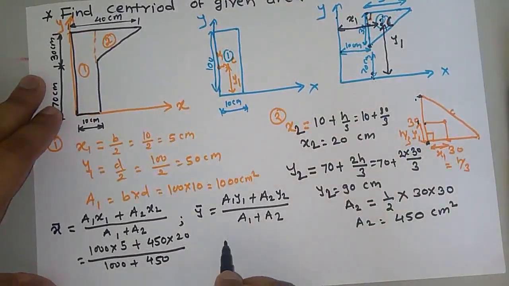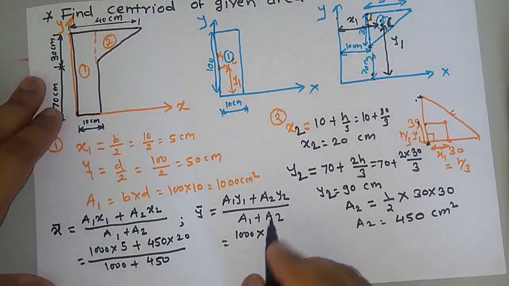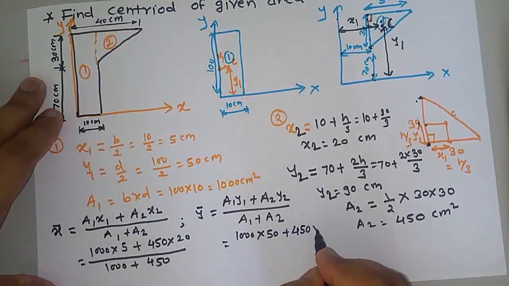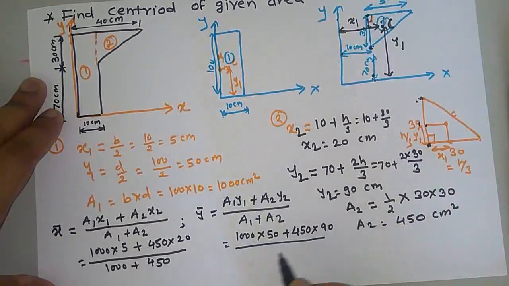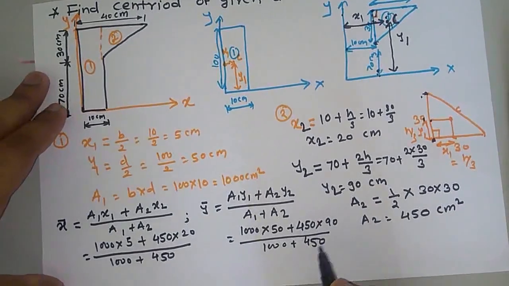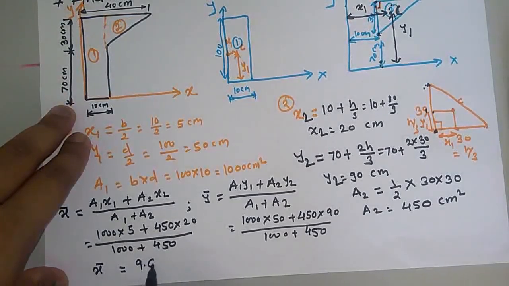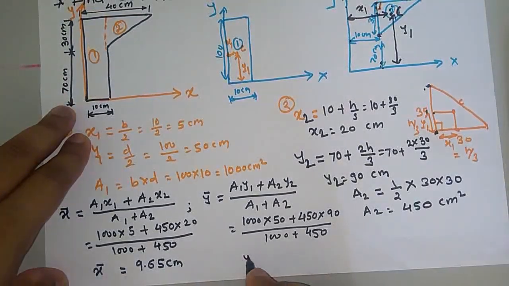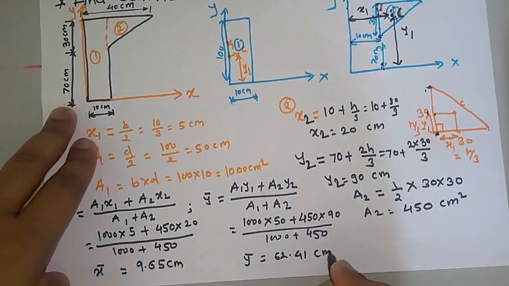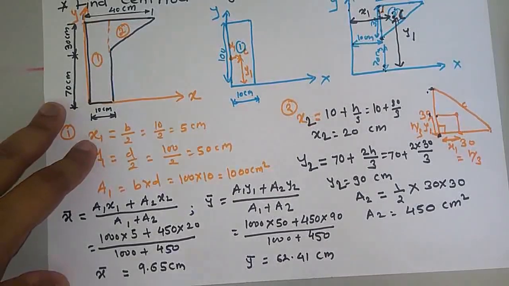Then a1 is 1000, y1 is 50, plus a2 is 450, y2 is 90, divided by 1000 plus 450. Solve this and you will get the answer. So x bar you will get 9.65 centimeter and y bar you will get 62.41 centimeter. Okay, so this is the x coordinate of centroid, y coordinate of centroid.